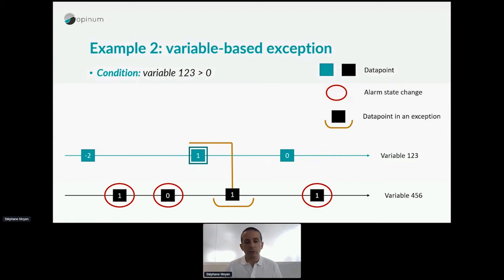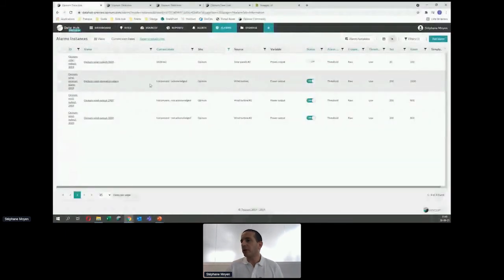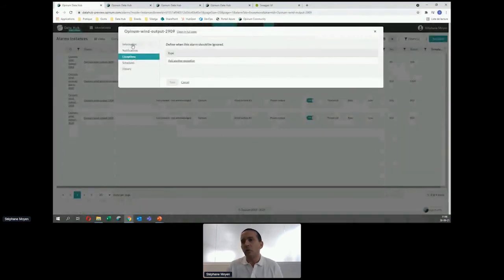So I'm going to show you an example now in Data Hub, very simply. So let's get back to our alarm here. If we look at this alarm I set up earlier, for this one I did not put any exceptions, but this is where you would put an exception.